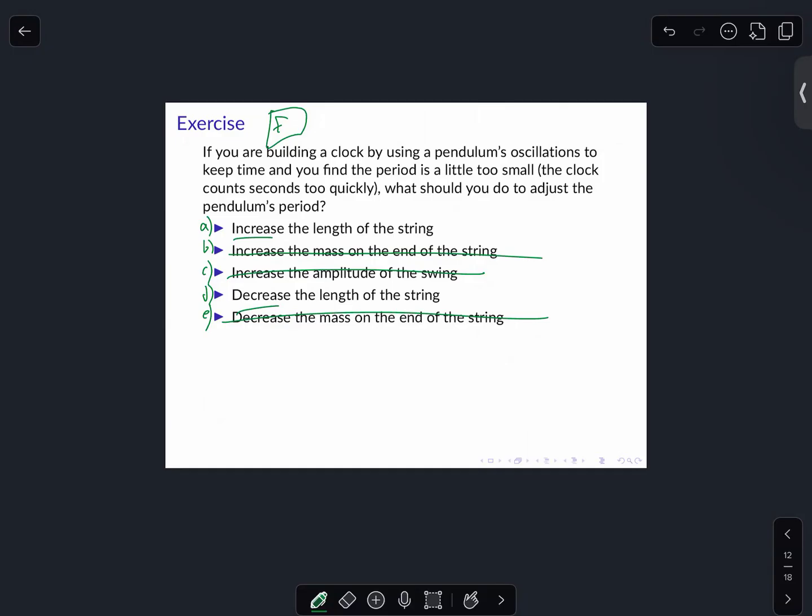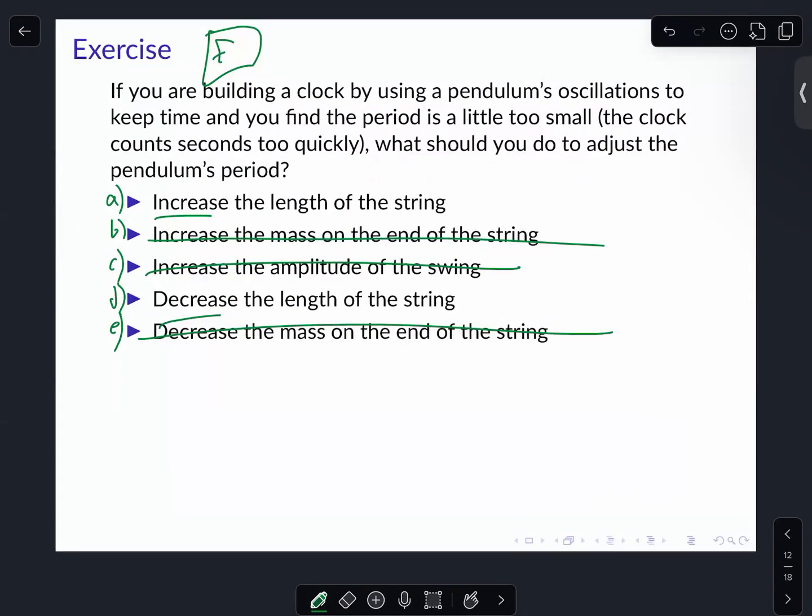How is period related to angular frequency? Inverse. 2 pi over T is omega. 2 pi over omega is T. So if the angular frequency goes down, the period gets bigger. Do I want period to get bigger or smaller? Period is too small. I want to increase it. Bang.